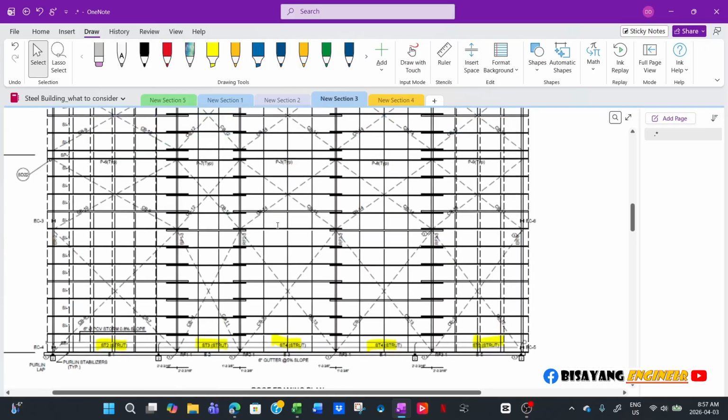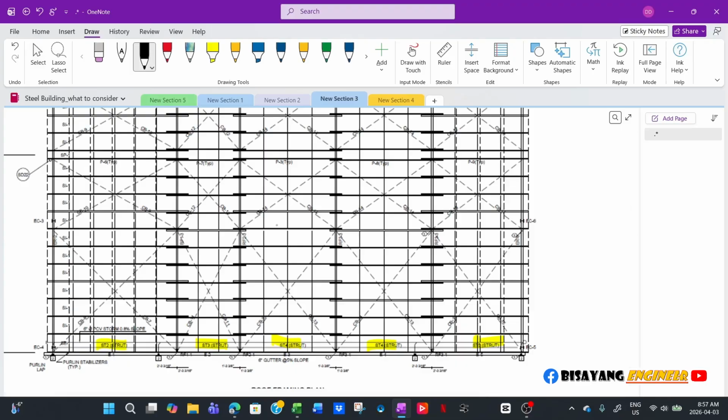So at every intersection, for example, if this is my roof framing plan, at every braced bay I will have a strut right there, because I need that to transfer the load.